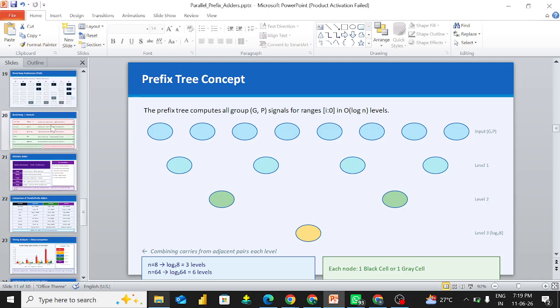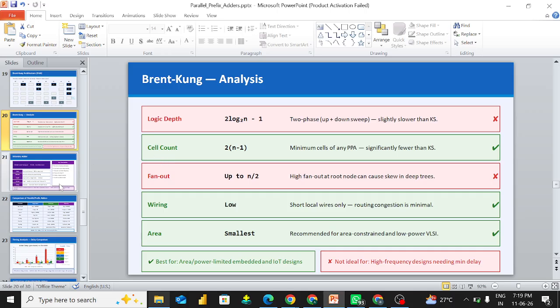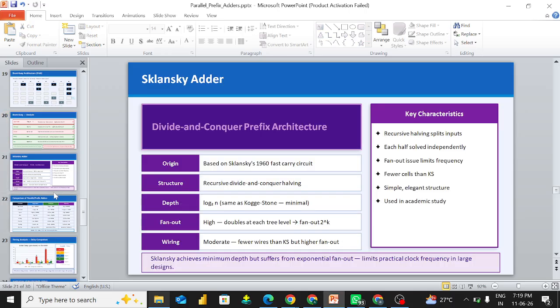Okay, so what are the disadvantages of this Ladner-Fischer adder? High fan out, and reduced practical frequency.